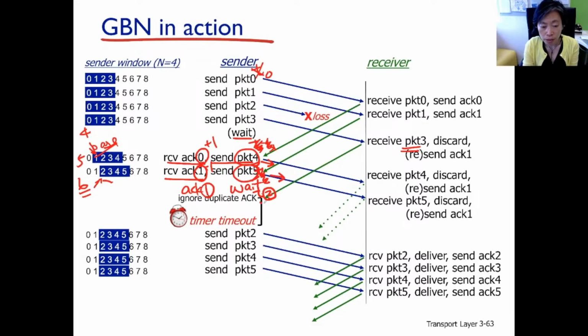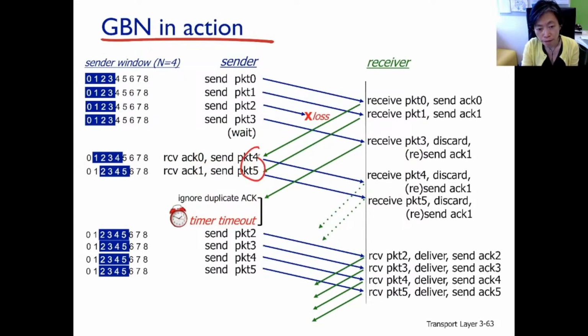So this timer for the base 2 is going to tick, tick, tick. Let's assume packets 4 and 5 arrive at the receiver side, which generates re-ACK of packet 1 because they are out of order. And let's assume these 2 ACKs take a long time to come back before T for 2, the second time here, times out.